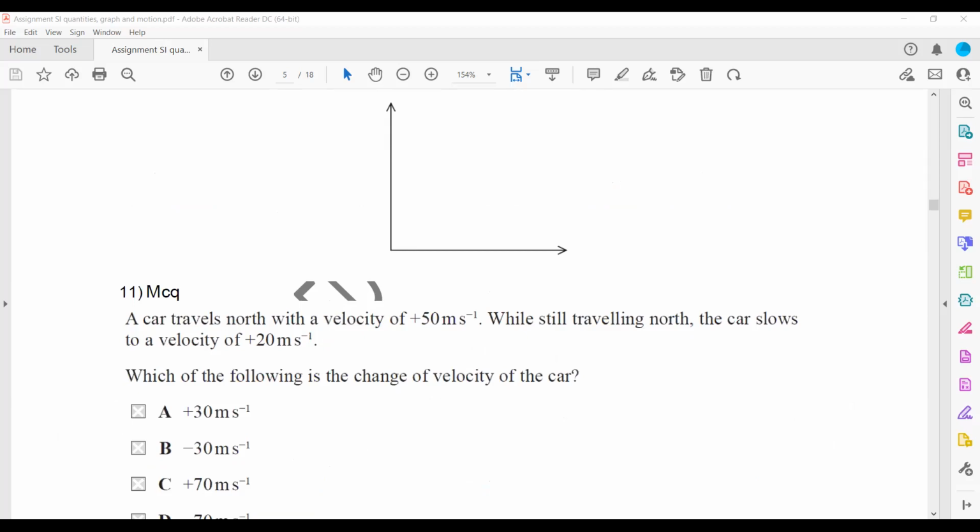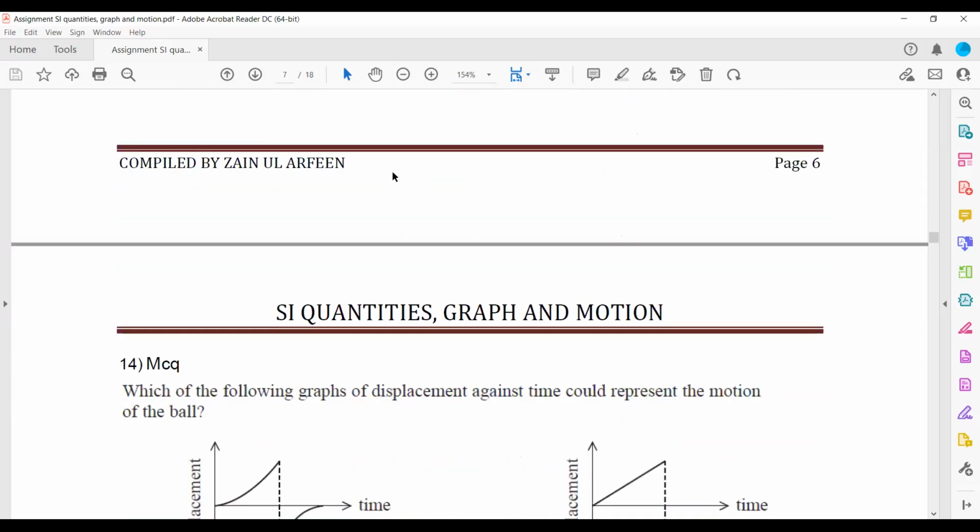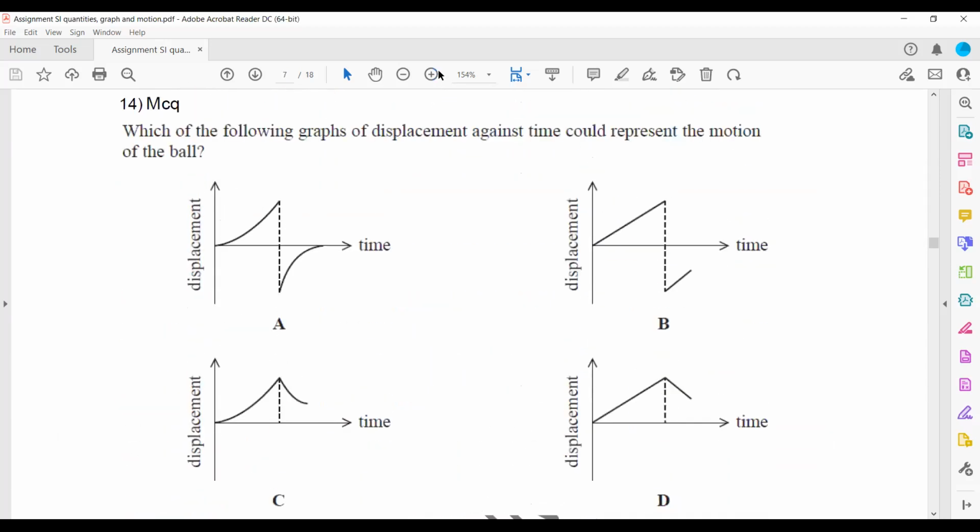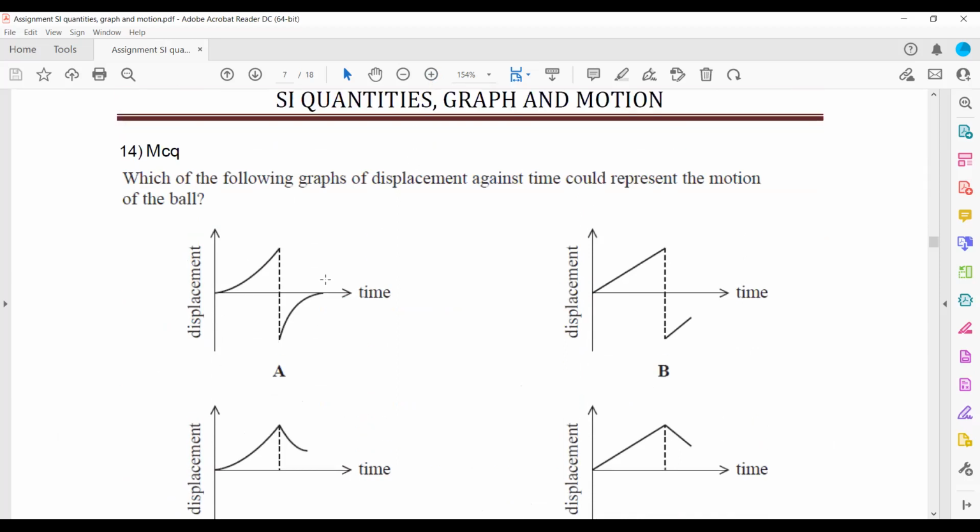Then question 14. Which of the following graphs of displacement against time could represent the motion of a ball?